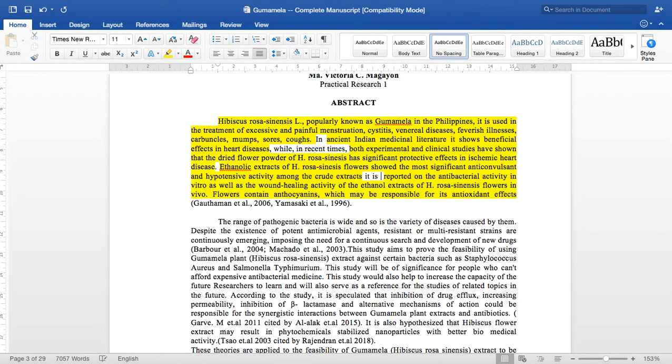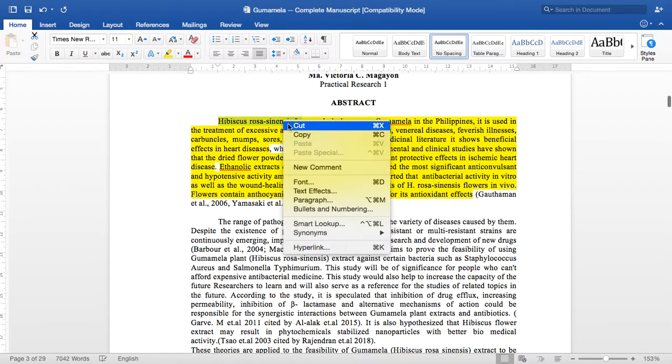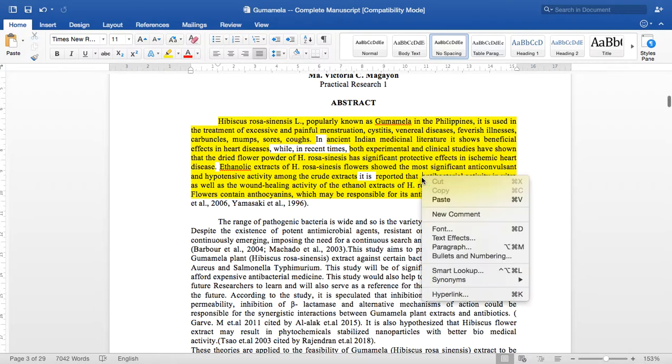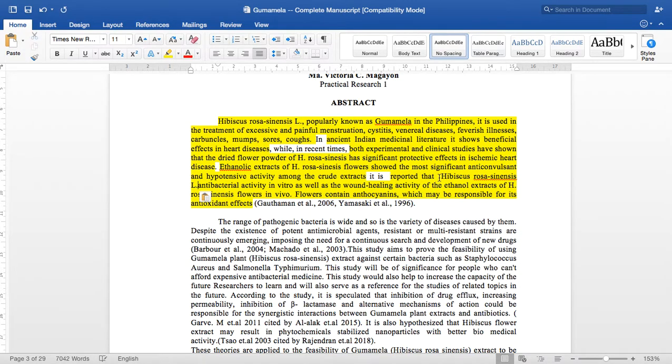it is reported that Rosa and antibacterial tips and antibiotics as well in one feeding.